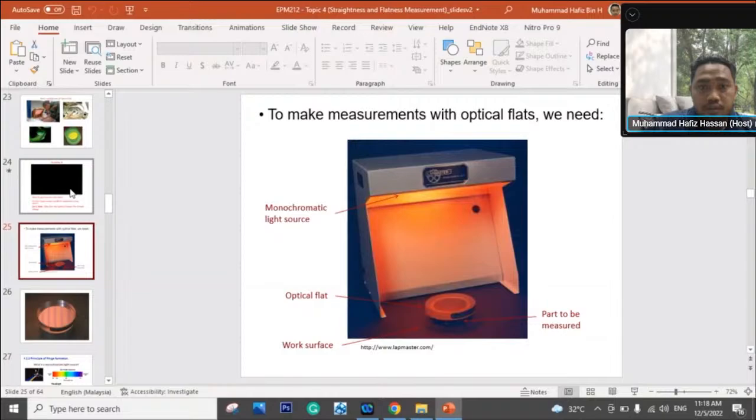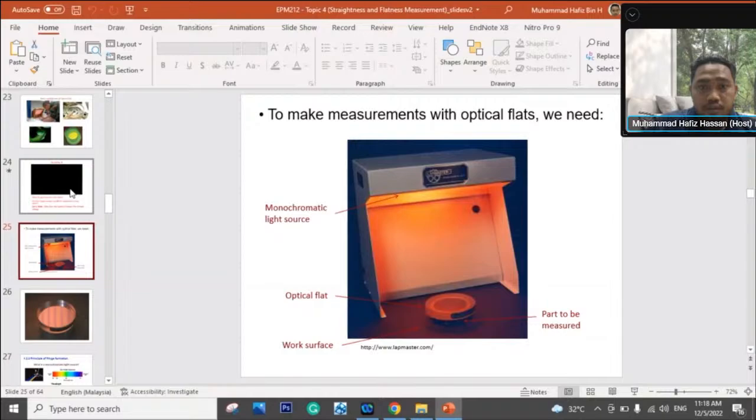This is the principle of reformation. What is mono? Mono means a single wavelength of color. We have various types of color; with normal light, basically there are combinations of various colors.